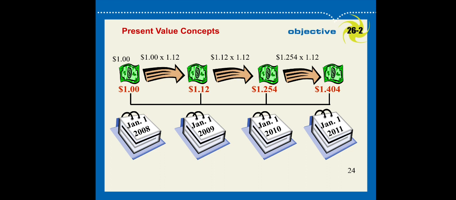So the present value of $1.40 at January 1st, 2011 at 12% interest rate is equal to $1. So the present value is the present value of the dollar for the future amount.